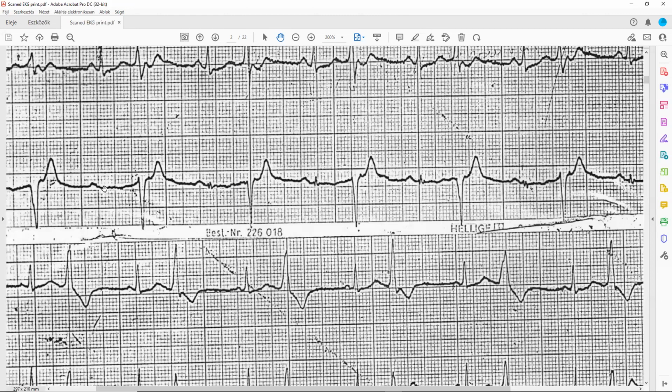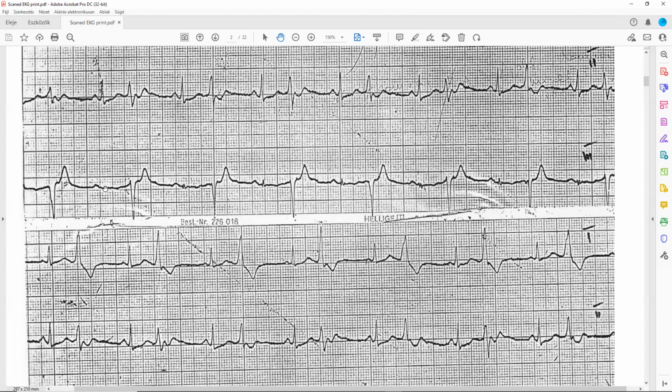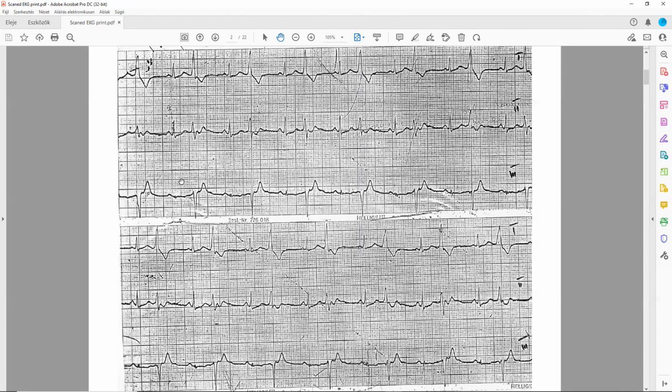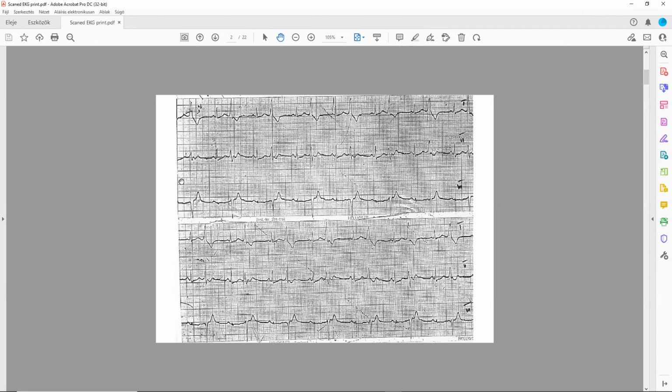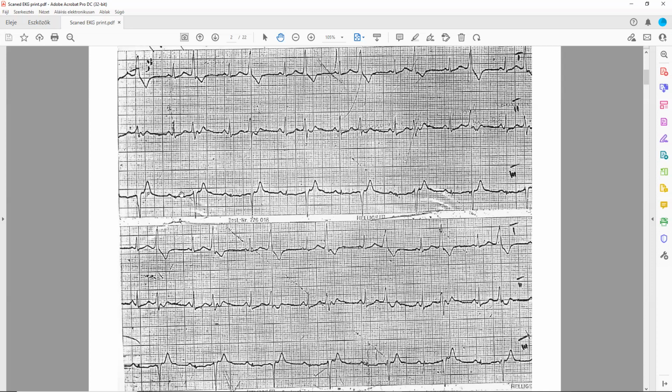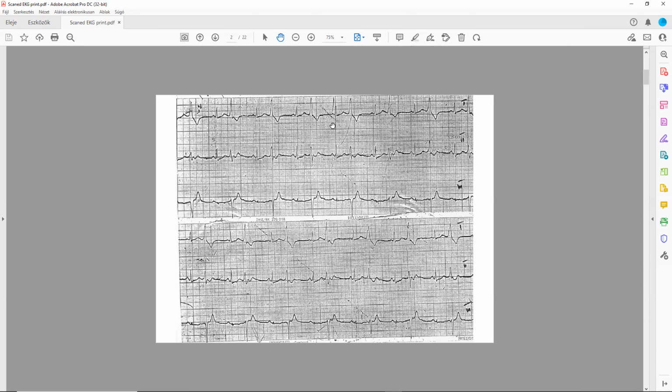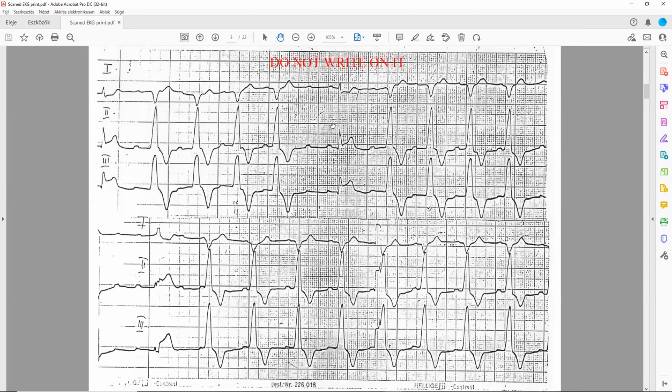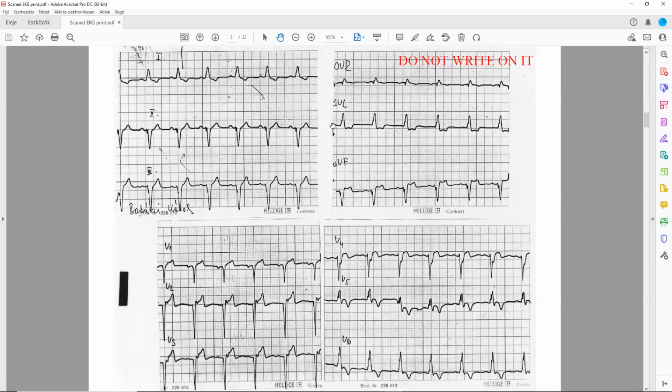There's a beat, but exactly nothing, so 0. That's why it's equiphasic in lead number 3, so it's perpendicular to lead number 3. This is why you have to assume it is between 1 and 2, so around 30. Thank you. Good.